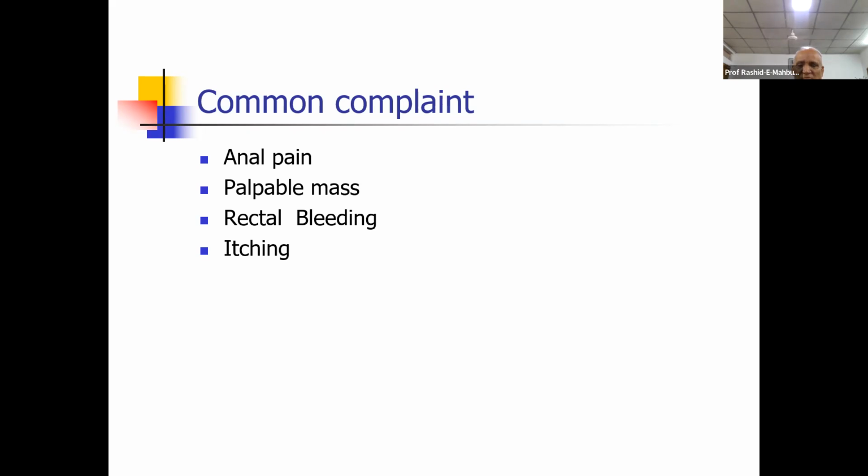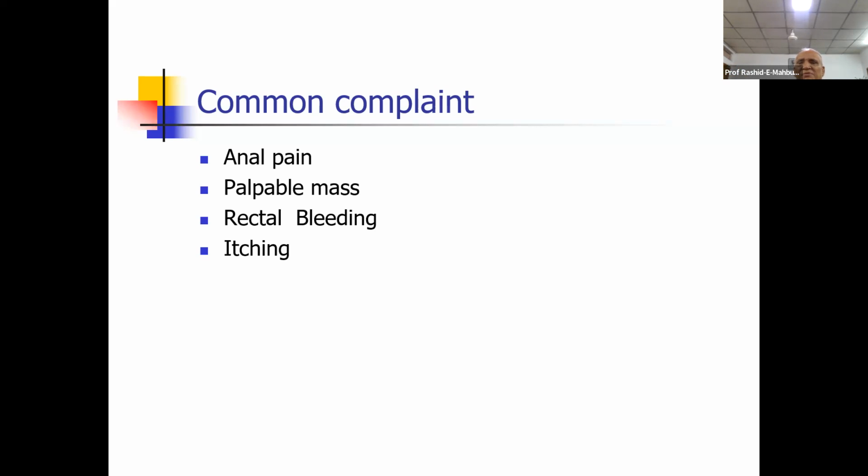And if you go for anal pain, the most common anal pain problem is anal fissure. It is really painful because it makes a fissure from the skin upwards, and it bleeds. The patient is definitely worried about defecating all the time.